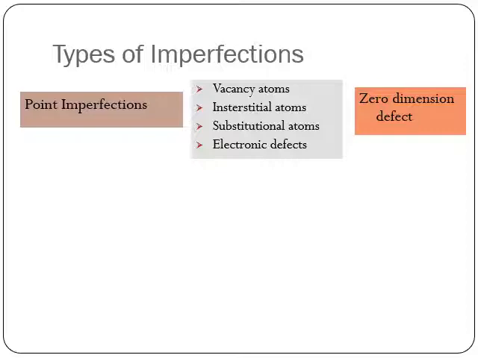Electronic defects are something like ionic ones, where in ionic crystals we have either Frenkel or Schottky defects. What are those? We'll see. The first category of imperfections is point imperfections, and these types are termed zero dimensional defects.